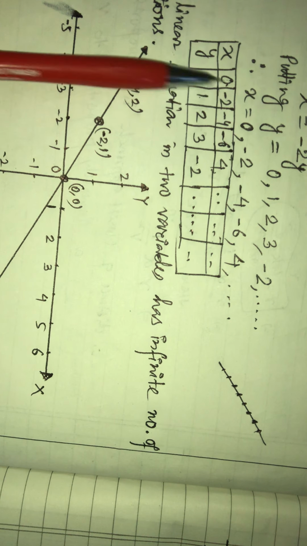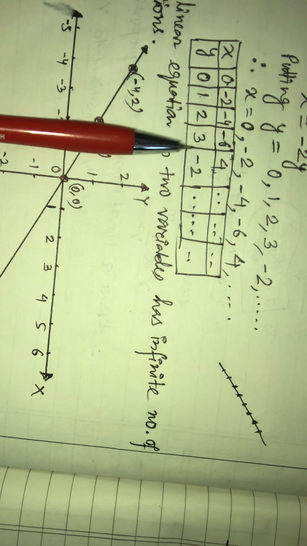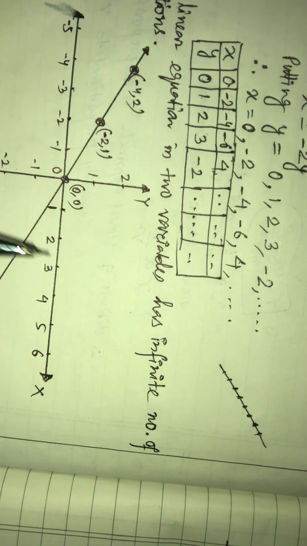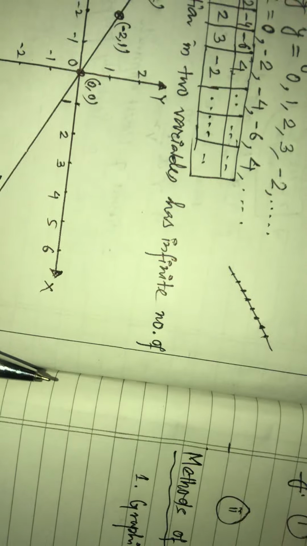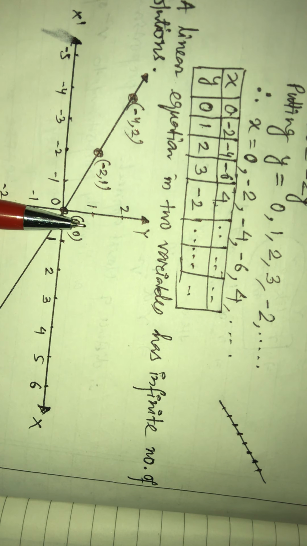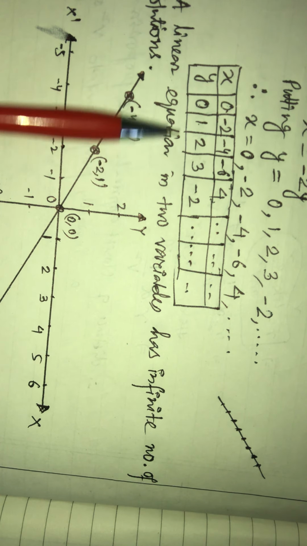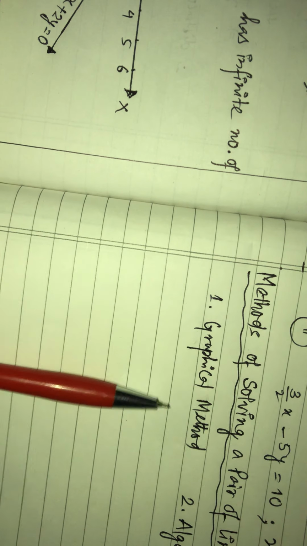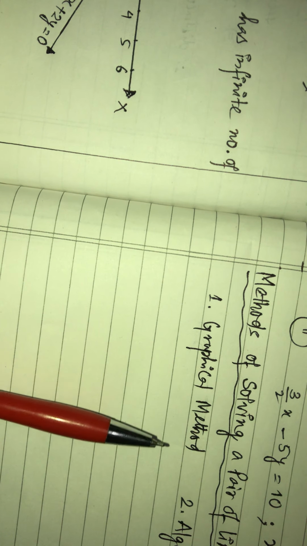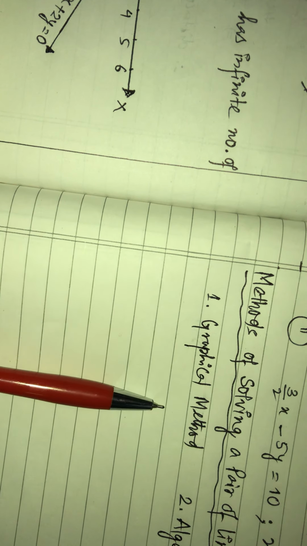You need to make a table, and after that you'll plot the graph, and from the graph you'll find the solution. Here we did only one thing, we plotted the graph. Solutions were already there. Here you will plot the graph, and from the graph you will find the solution. Try to understand this difference.